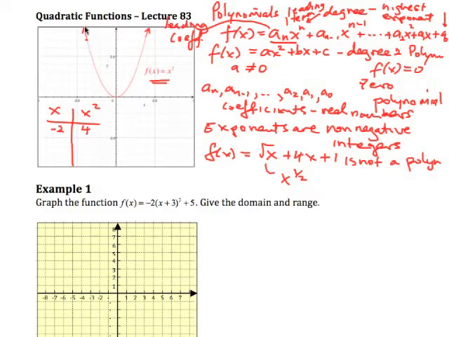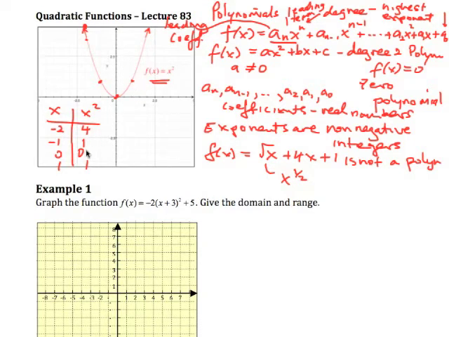If I can find 2, 1, 2, 3, 4, so here's 2, and notice here's our 0, 4. All right, so that's negative 2, 4, and when we had negative 1, we had 1, which is right there. And when we had 0, we had 0. And when we had 1, we had 1. So we had over here.